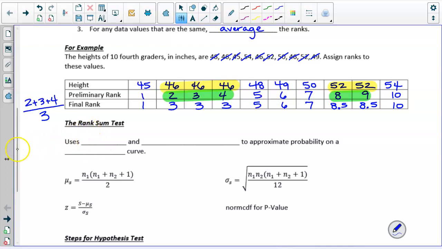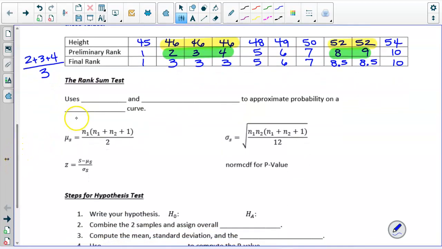So the rank sum test uses the mean and standard deviation to approximate the probability on a normal curve. So once you rank the data, it's called the rank sum test, right?